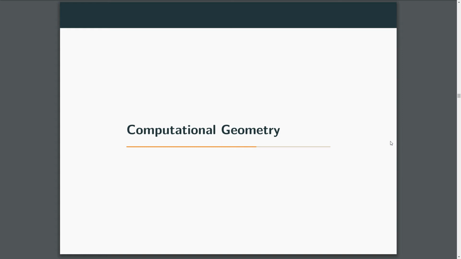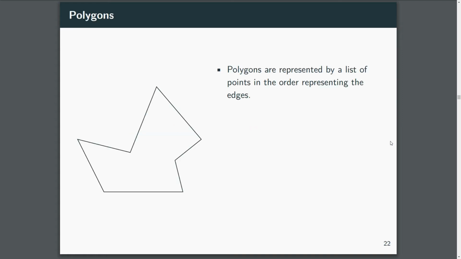Okay, so then we have computational geometry, where we have some more complicated geometry algorithms. Let's look at polygons first. So polygons are just represented by a list of points in a specific order, which represents the edges.